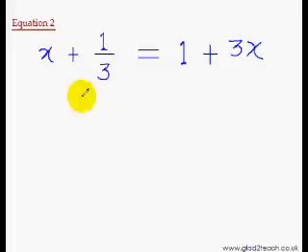As you can see, this linear equation has a fraction in it, that is this denominator 3. So the easiest way to solve this equation would be to somehow remove this denominator. And we can easily do it by multiplying both sides of the equation by 3. See, 3 gets multiplied to each and every term of this equation.